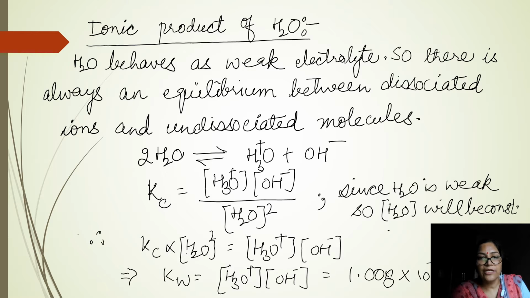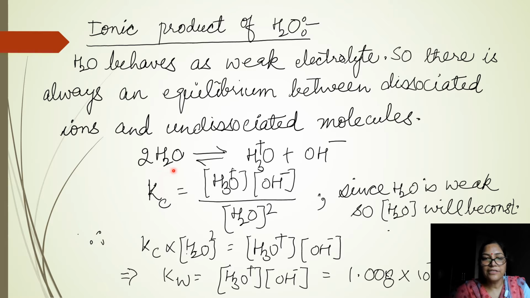Now, what is the ionic product of water? Water, we all know, is a weak electrolyte, that is, it cannot conduct electricity well. To make it a good conductor of electricity, we have to add some amount of acid or base to its solution.